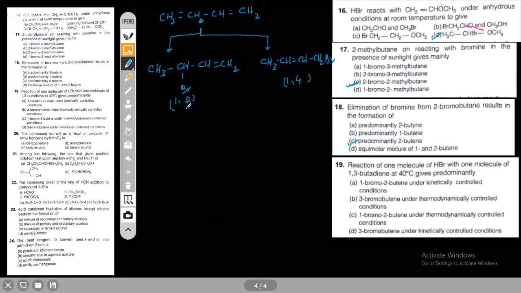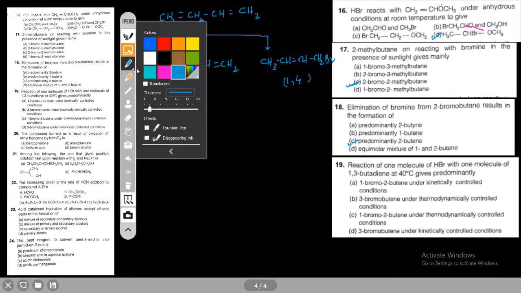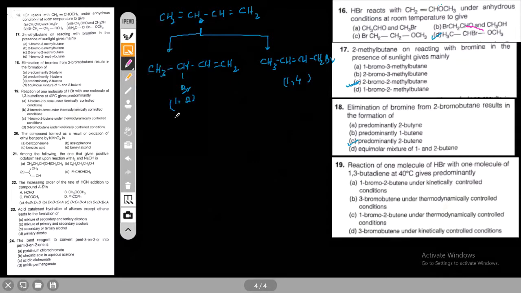But here, this is important, you must keep this in mind and write it down in your notes properly. This product is because of the kinetics of the reaction, so we call it the kinetically favored product, because of the kinetics of the reaction.